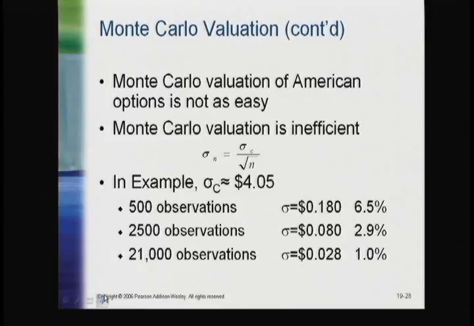Because if I exercise today, I'm giving up the opportunity to exercise in the future. So in a sense, to evaluate an American option using a Monte Carlo method means that you somehow have an efficient way at any point along the path of prices to determine not only the exercise value at that time, but what's the value of future exercise.